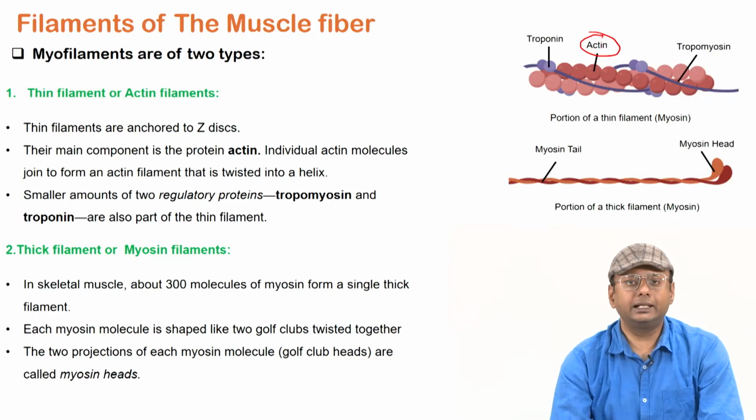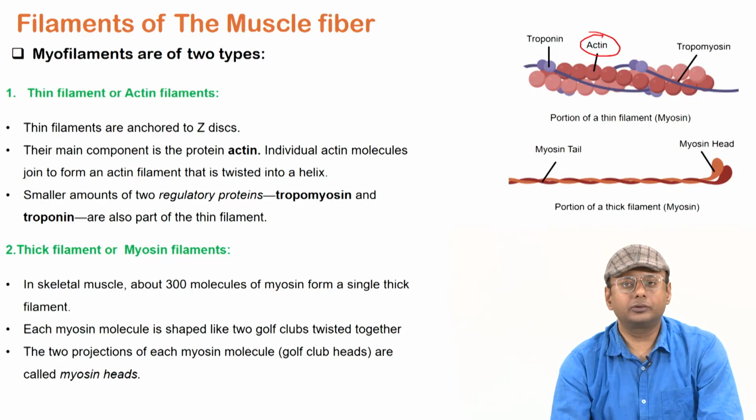In the case of the thick filament, myosin is the main protein component, and in skeletal muscle around 300 molecules of myosin form a single thick filament.